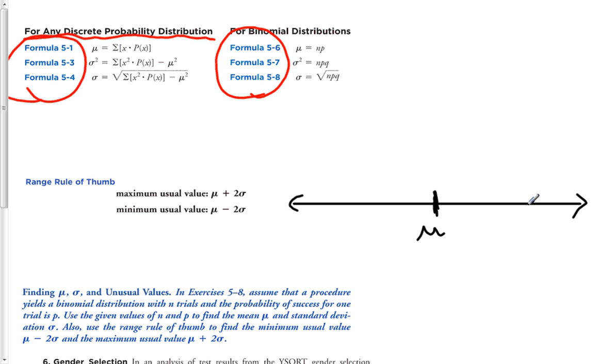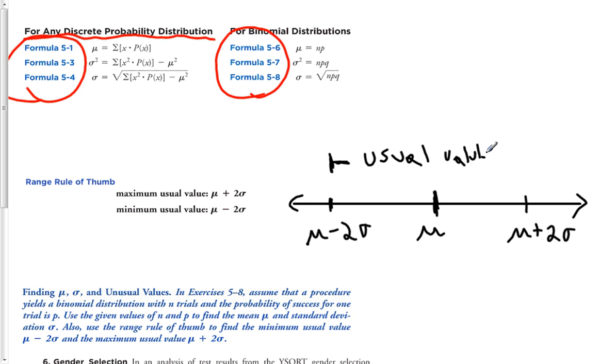It says if you go two standard deviations to the right, which is the mean plus 2 sigma, and you go two standard deviations to the left, which is the mean minus 2 sigma. If you do this, then you're separating what are considered in the middle here the usual values from the unusual values on the outside.